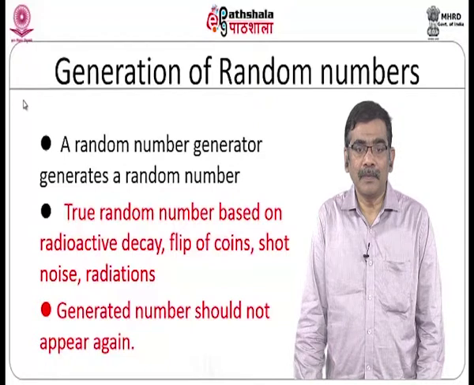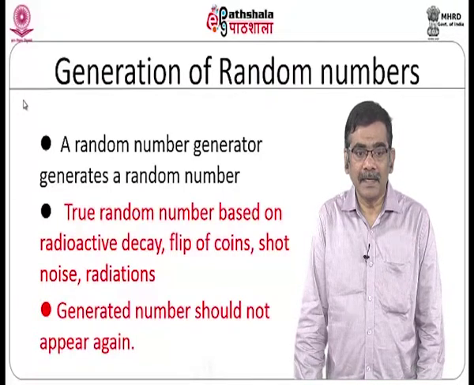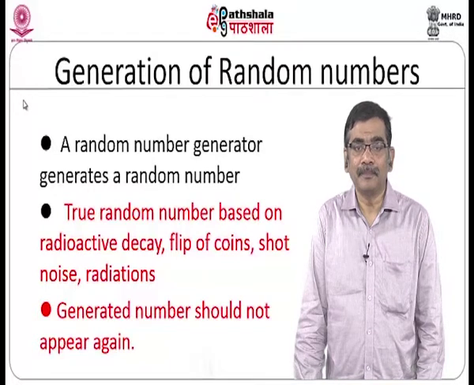One is called the true random number. That means these numbers will never be generated again. These are called true random numbers, which are encountered in many physical processes like radioactive decay, flip of coins, shot noise, radiations, etc.